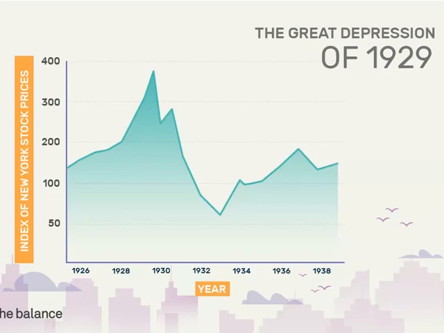And as you can see here, the stock market grew 20% a year throughout the 1920s. If we look at the New York Stock Exchange index, which is an average, if there's 500 companies that sell stock on the New York Stock Exchange, some go up, some go down on a daily basis.